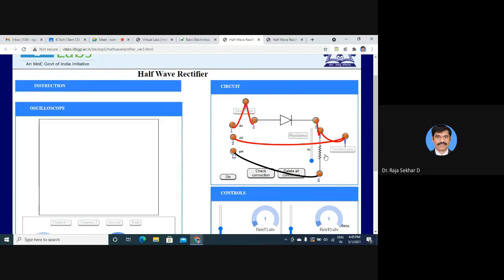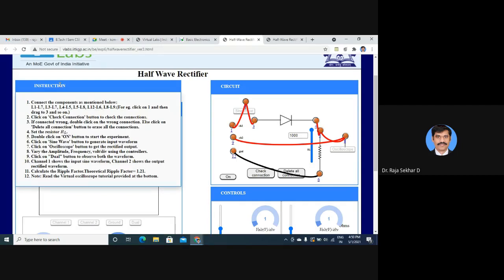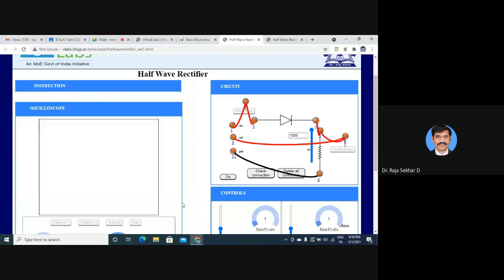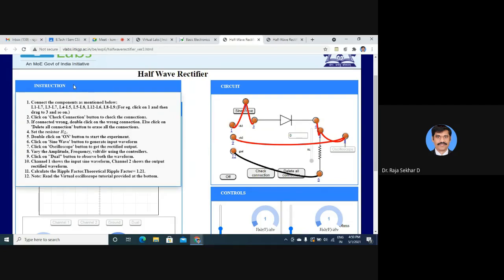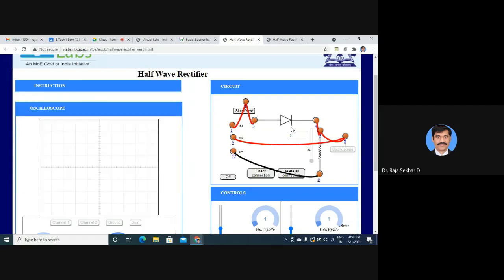Now set the resistance RL. You can change the RL value, whatever you require. Here I'm keeping it at 1 kilo ohm. Now double click on this, click on the sine wave, and the oscilloscope.